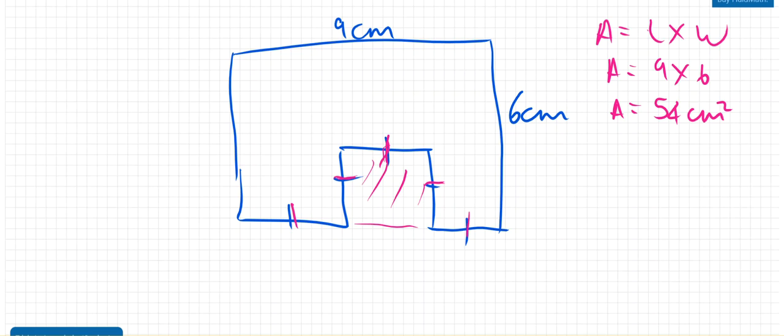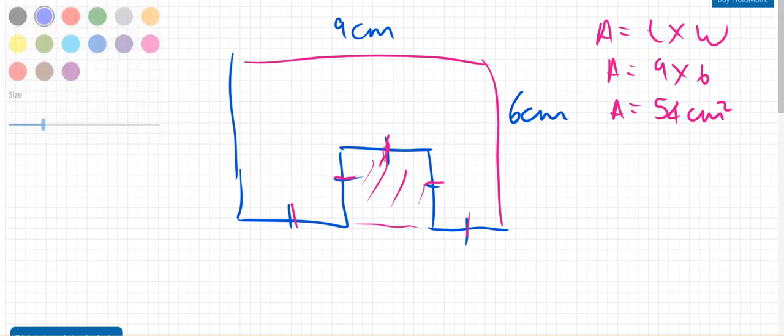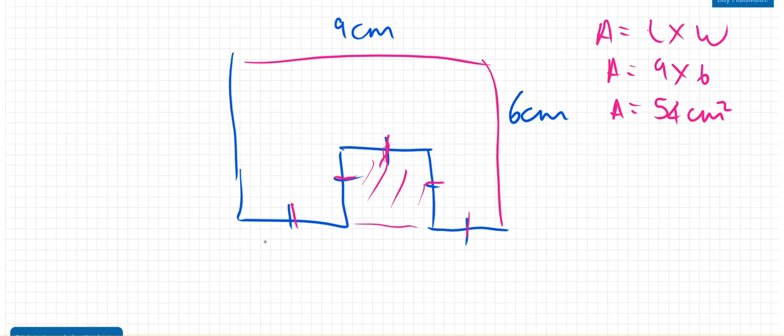Now, to work those out, I have to use the information given. And I can see this long line here is 9 centimeters, which means this length, I'll change my color. So this length here plus that length here and that length down there, if I put those three lines together, it'll give me the length of 9 centimeters.